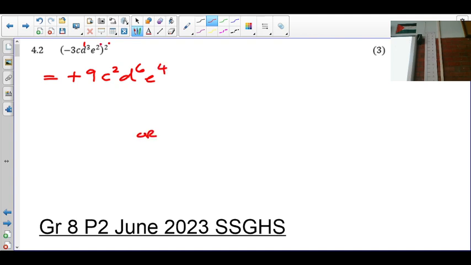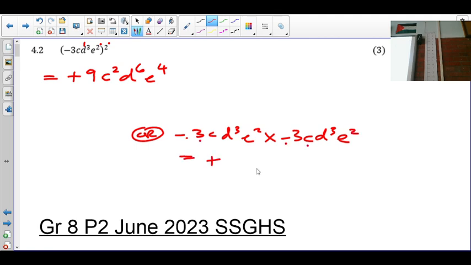Or you could have written it as negative 3c d cubed e squared times negative 3c d cubed e squared. Negative times negative is positive, 3 times 3 is 9, c times c is c squared, d cubed times d cubed is d to the 6, and e to the 4, which is the same thing. Either way, it should have full 3 marks.